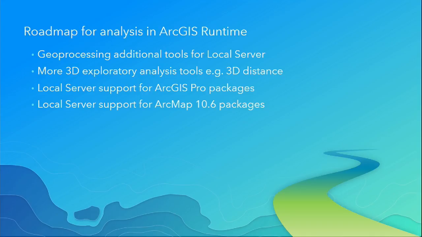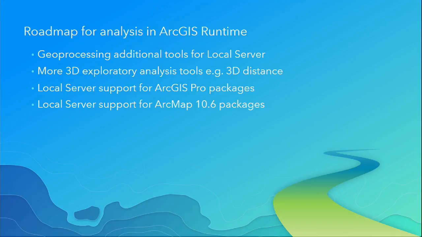So we're again looking at what tools we can add to the ArcGIS Runtime Local Server. We're looking at what additional 3D exploratory analysis tools are required, such as 3D distance perhaps, and then also the ArcGIS Runtime Local Server is going to see an enhancement. We're working on support for creating geoprocessing packages with ArcMap 10.6.